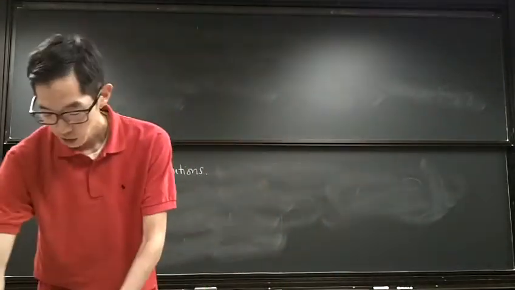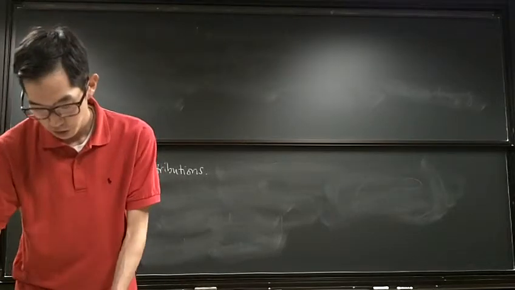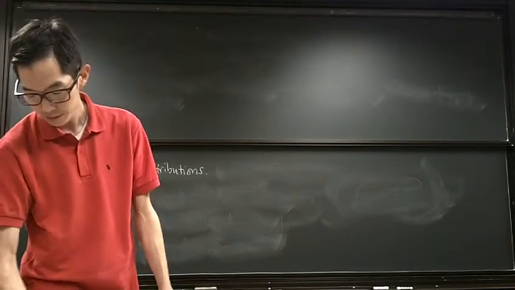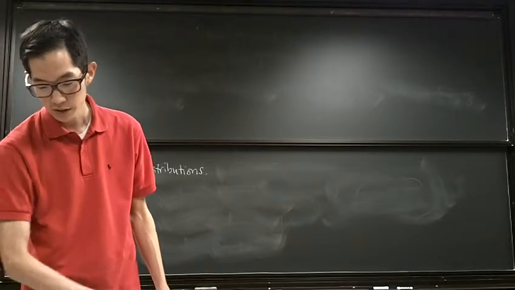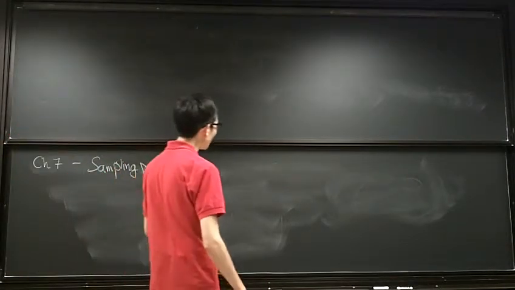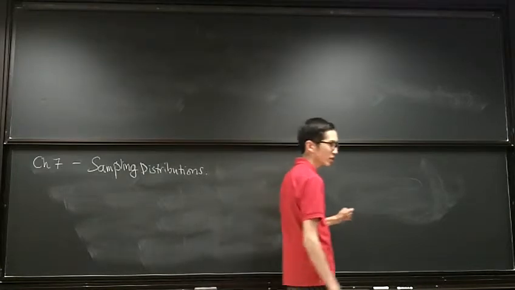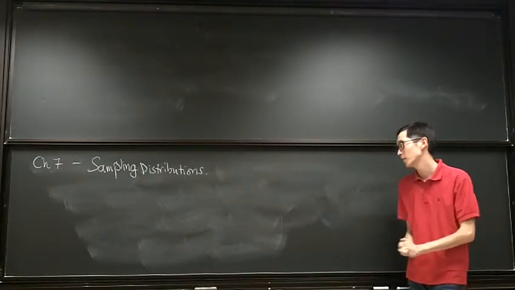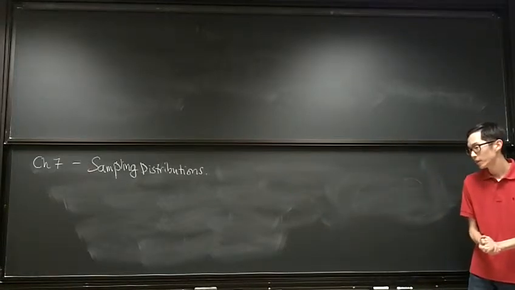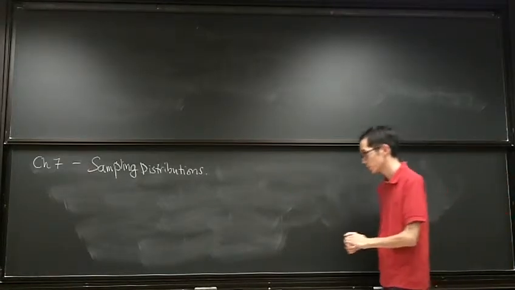Those types of problems made a showing on the midterm, and I hope you're okay with that, because we're going to see a lot of the normal distribution in the stuff that's coming. And today we're talking about sampling distributions.